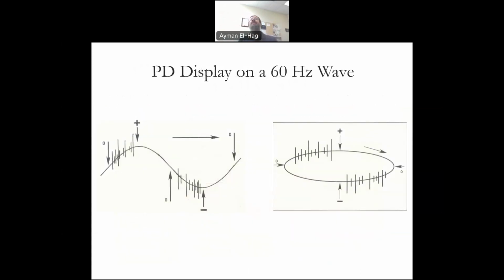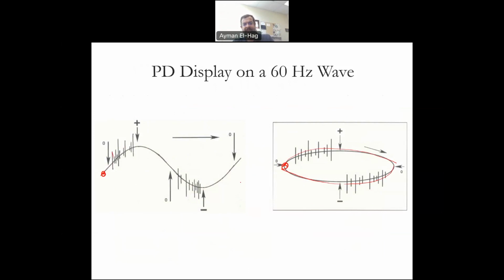Finally, how do we present the partial discharge on the recorder? There are two major types. Either I show the discharges as pulses on top of the positive and the negative cycle, or I show the positive and the negative cycle as an ellipse. Start from here, so this point corresponds to that point. This is the positive cycle, and this is the negative cycle.